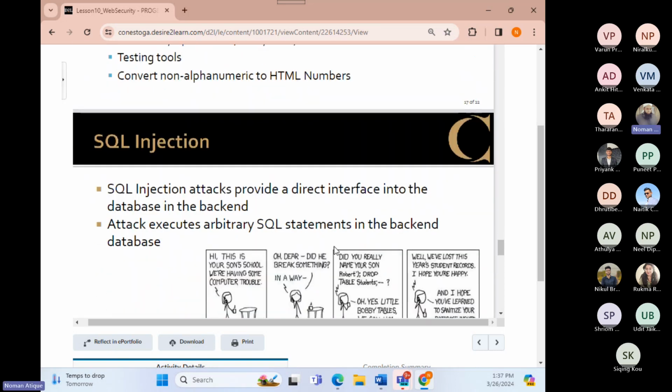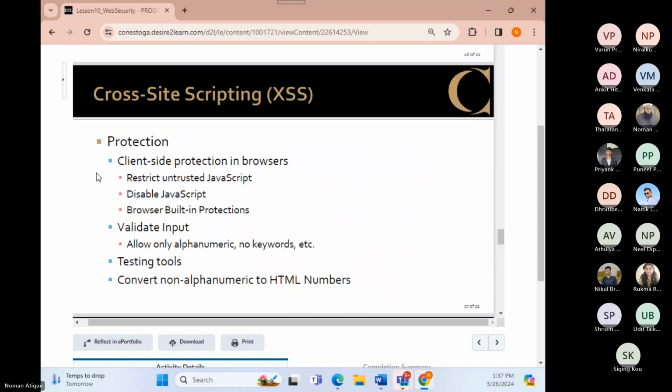SQL injection is coming up as well. Okay, protection. Client-side protection in browser: restrict untrusted JavaScript, disable JavaScript, browser built-in protections. So these are all built-in, like restricting untrusted JavaScript or disabling JavaScript.